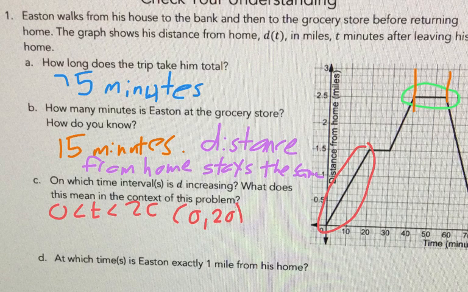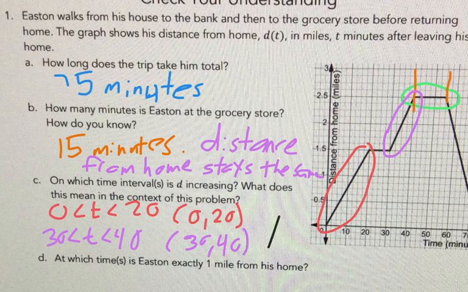So from 0 to 20 minutes, D is increasing, and D is also increasing from 30 to 40 minutes. And another way we could write that is 30 to 40 if you want to use interval notation. And so what does this mean in context of the problem? If D is increasing, he's moving further away from home.